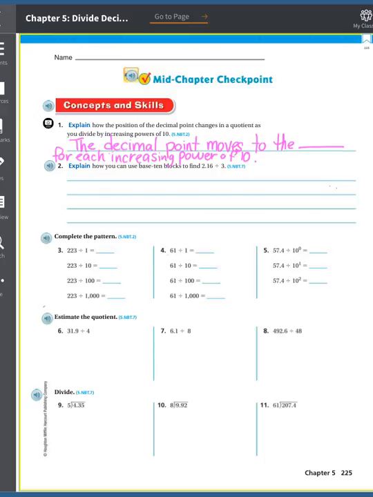Explain how you can use base 10 blocks to find 2.16 divided by 3. How do you use base 10 blocks? For this one, I'm just going to draw a picture. Remember, we have 2 ones, and then 1 tenth, and then 6 hundredths.